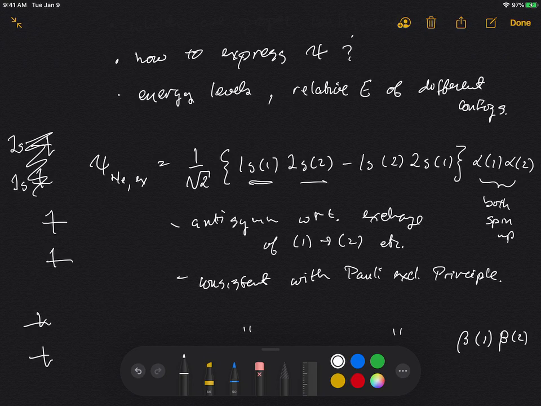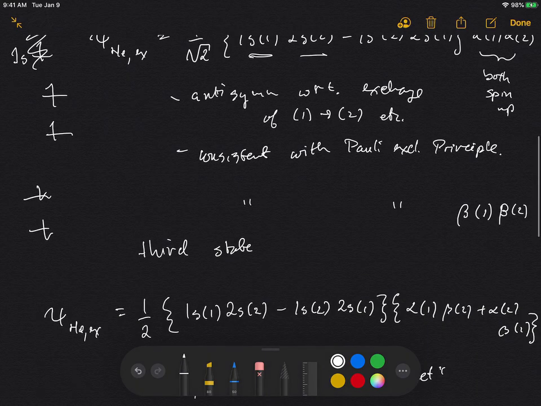The spatial part is antisymmetric with respect to exchange, meaning that this first set of terms, 1s(1) times 2s(2), has opposite sign to the next term, 1s(2) 2s(1), meaning those wave functions are out of phase. If we think about the electrons orbiting around the atom, this corresponds to them staying on opposite sides.